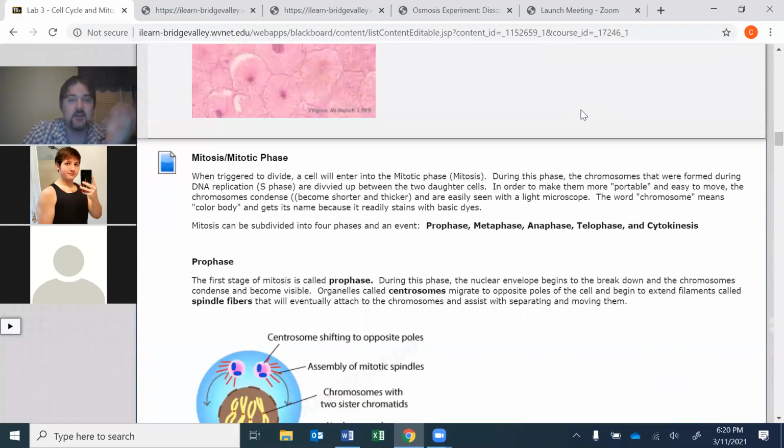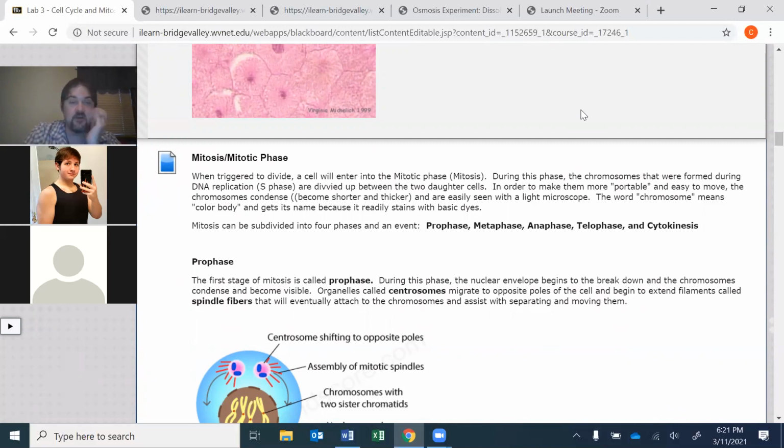When triggered to divide, a cell will enter the mitotic phase. During this phase, the chromosomes will condense, become short and fat, and that's when you can start seeing them with the microscope. This kind of makes them easier to move, and then you can use where the chromosomes are to determine the stages.